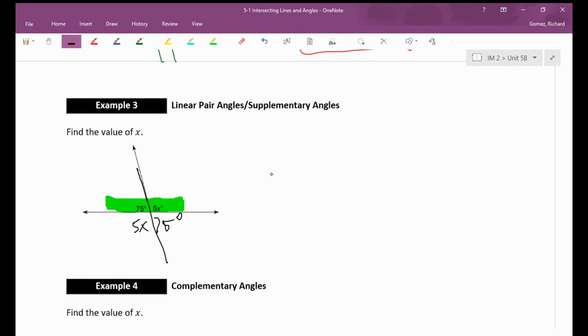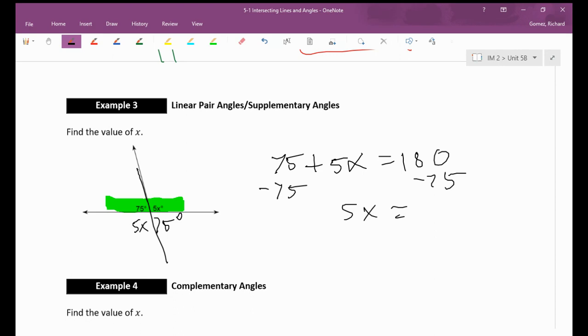So that means that 75 plus 5x equals 180 degrees. So you subtract 75, you get 5x equals 105, and divide each side by 5, that'll be 21.